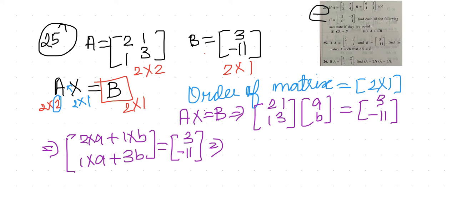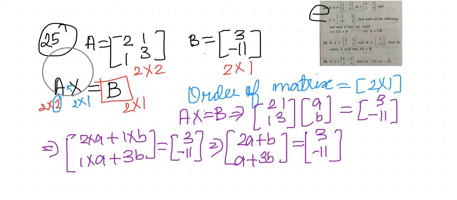So this implies 2a plus b, and below it a plus 3b, is equal to 3 and minus 11.